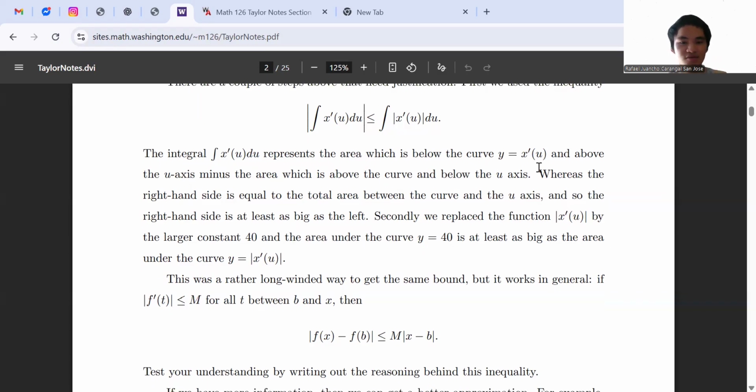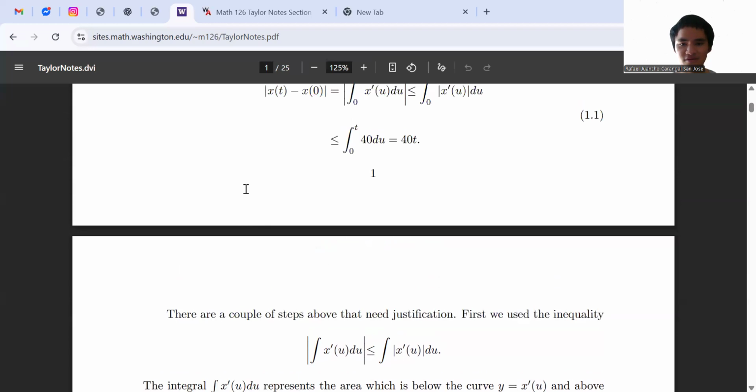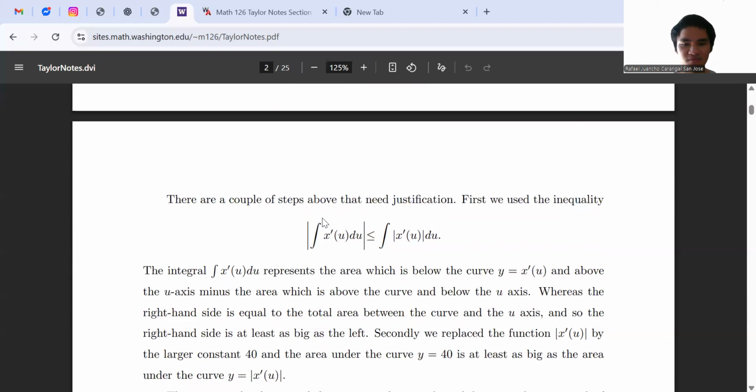Whereas the right hand side, it's talking about the absolute value of the derivative, which is equal to the total area between the curve and the u-axis, and so the right hand side is at least as big as the left. Secondly, we replace the function x prime of u, with the absolute value, by the larger constant 40.